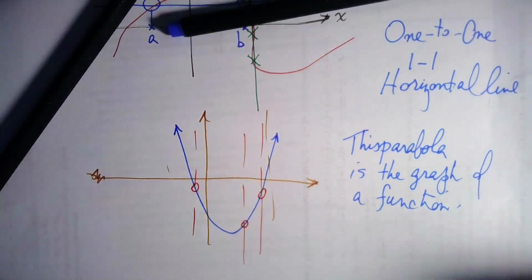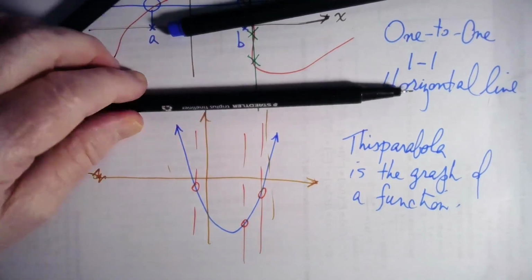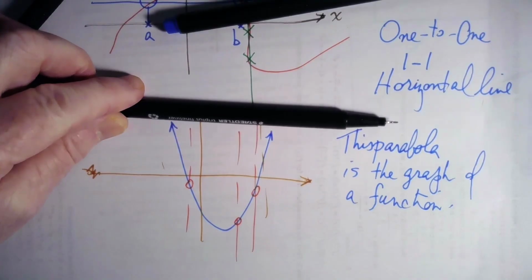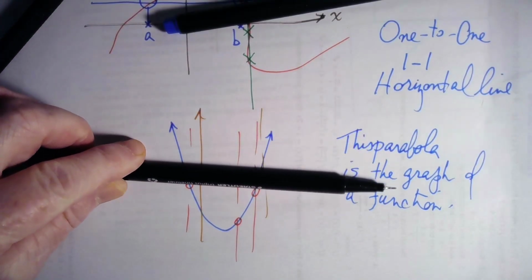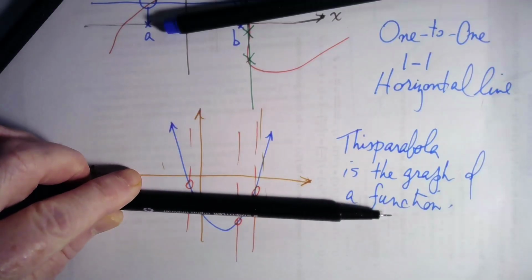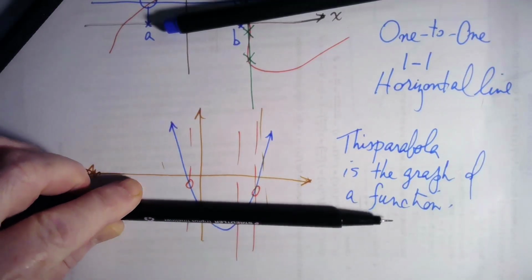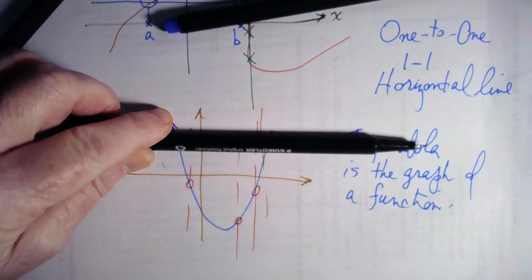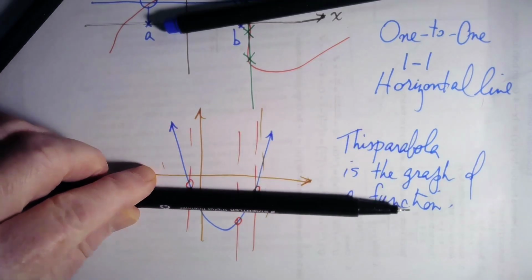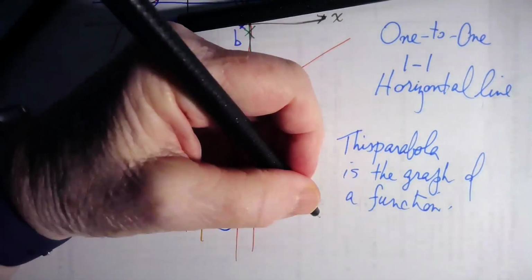So let's just see. Here's my horizontal line. Is there any time that a horizontal line touches this graph more than one time at a time? Yes, ma'am. Absolutely.